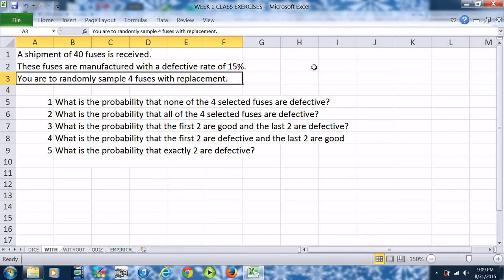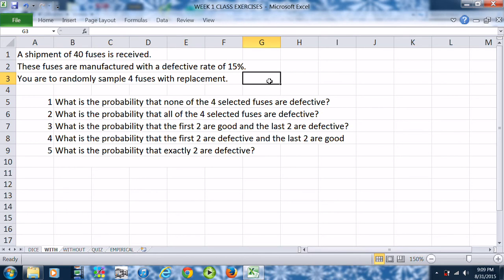Whenever we sample with replacement, all the events are independent, which means then that the probabilities are constant. So every time we choose a fuse with replacement, the probability of its being defective is 15%, and so the probability of it being good is 100% minus 15%, or 85%.